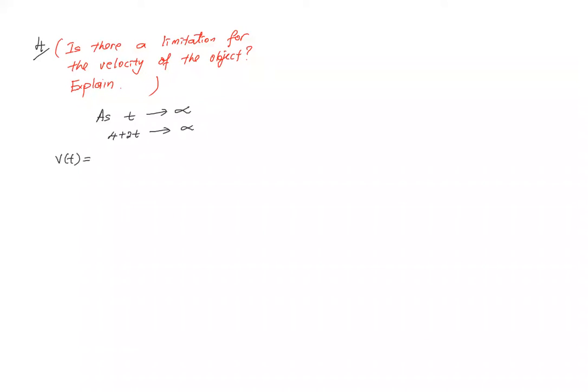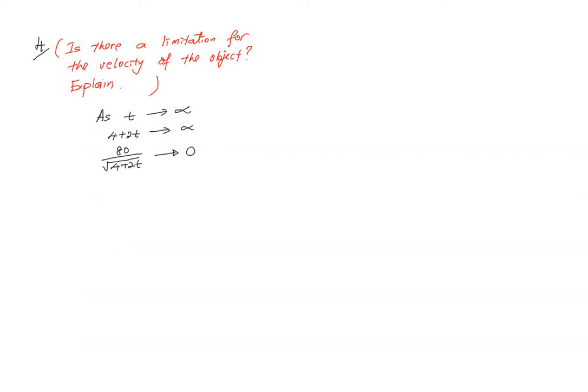The next one is not writing V(t) yet. What is the next one I must write down? Ready? 80 over the square root of 4 plus 2t. Yes, I must write down this. It will approach 0.